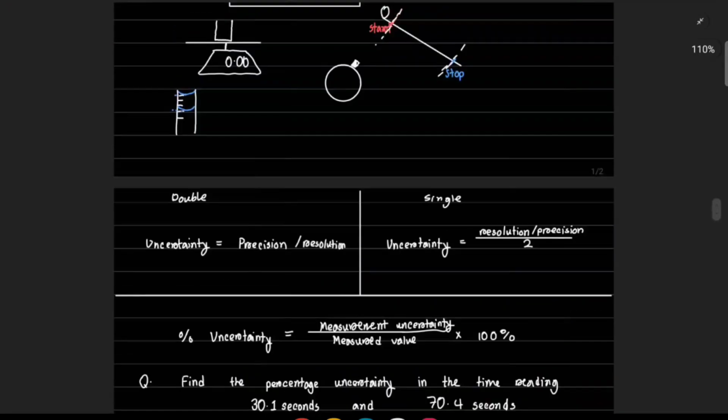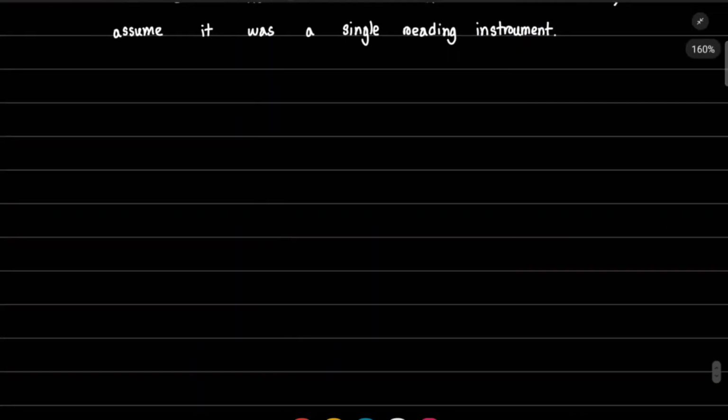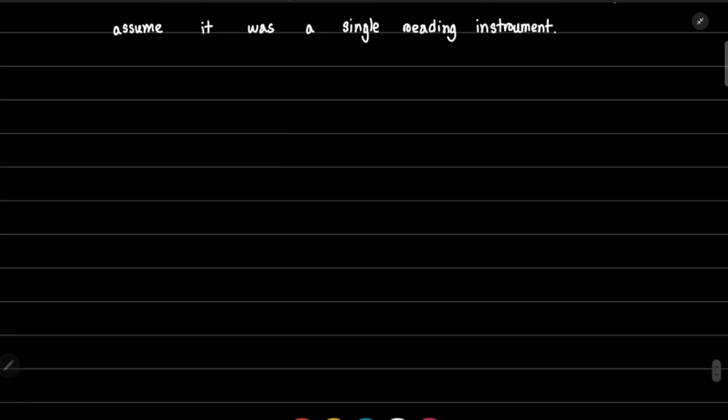Now, what we learned before for uncertainty was if we take a single reading. Don't confuse this with a single and double reading instrument. A single reading, for this case, refers to the fact that we are measuring it once and not taking any repeats.